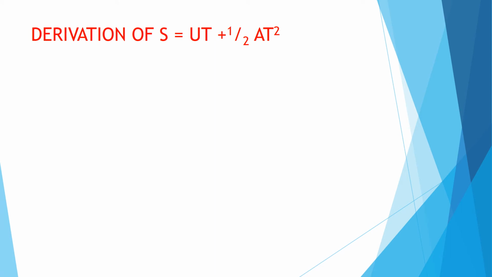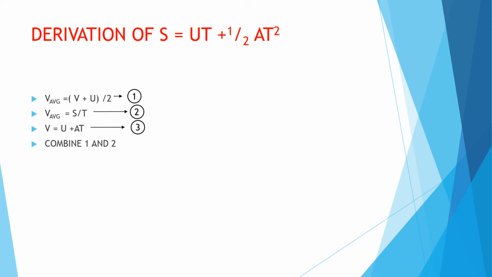Derivation of s is equal to ut plus half at square. V average is equal to (v plus u) by 2, we already know it, and v average is equal to displacement by time, we already know it. v is equal to u plus at, we derived it. Combining equation 1 and 2, we get s by t is equal to (v plus u) by 2.